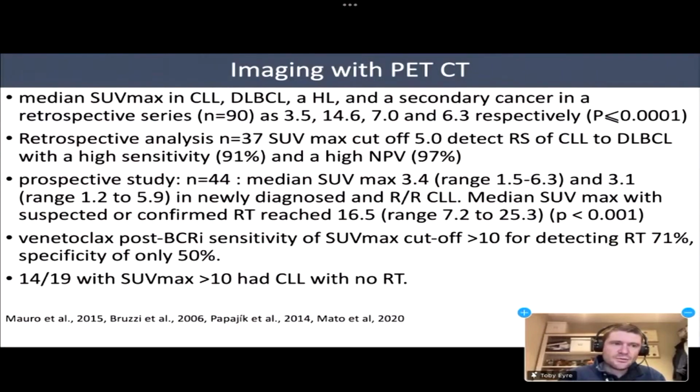And so you probably don't need to go on and look for biopsy sites and so forth. You can probably manage patients as if they have CLL, SLL. So it can be useful if the SUV max is low.